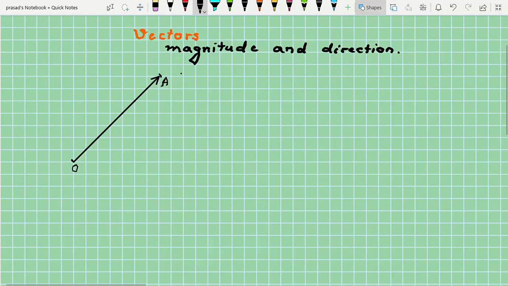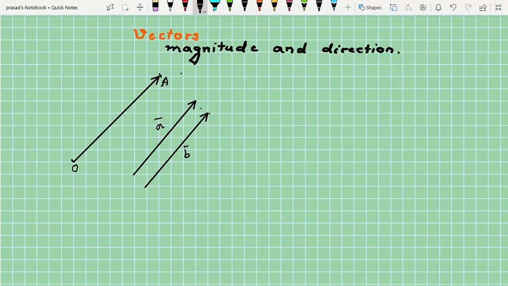So, let us see some of the important concepts here. One is equality of vectors. Now, when do you say that two vectors are equal? Let us consider two vectors like this. Say these two vectors have the same magnitude as well as the same direction. Then they are said to be equal. Since the vector has magnitude as well as direction, only by having the same magnitude will vectors not be equal.